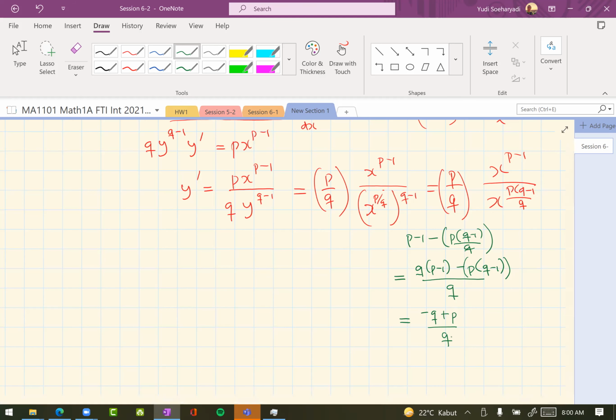So what we have here is p over q minus 1, which equals r minus 1. All right, so if you cancel this, it's r times x to the r minus 1.